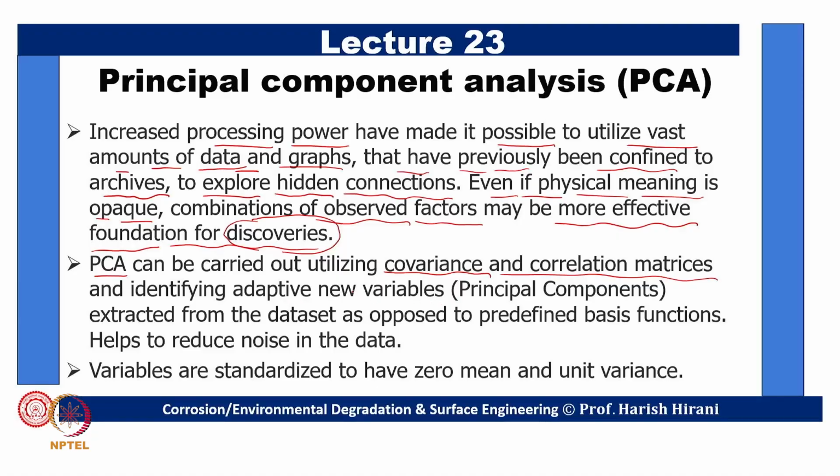And in fact, another thing emphasized here is that we will be able to find new variables which can be adaptive. Most of the time we do experiments keeping in mind that RPM is a variable, load is a variable, stress is a variable, and those variables have been already pre-decided, while PCA helps us figure out what the variable will be by analyzing the data.